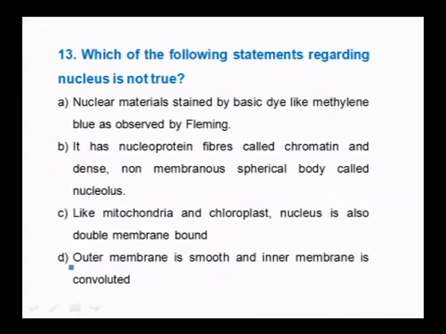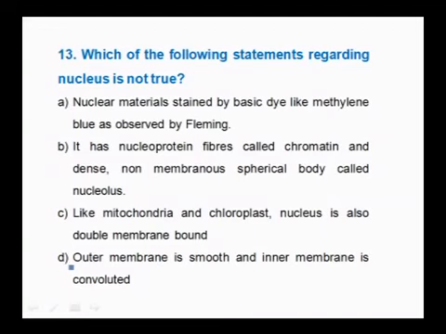So first option indicates that a scientist Fleming made use of a dye called methylene blue to color the nucleus, and nucleus contains the DNA, therefore it is acidic and it is rightly stained by a basic dye. So option A is correct. Option B is reading like this: nucleoprotein fibers called chromatin is present, that is DNA, and the membrane-less structure is nucleolus.